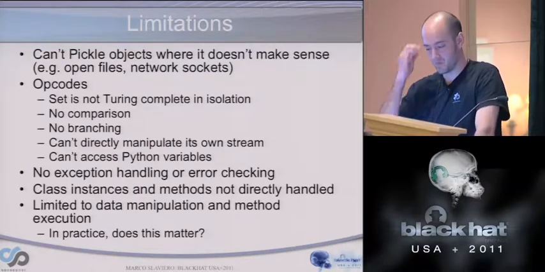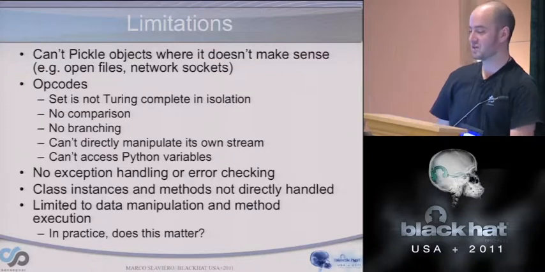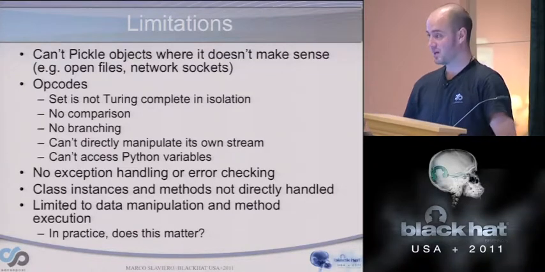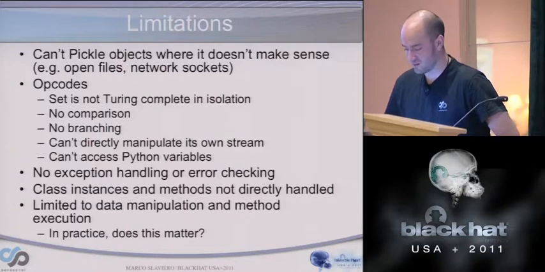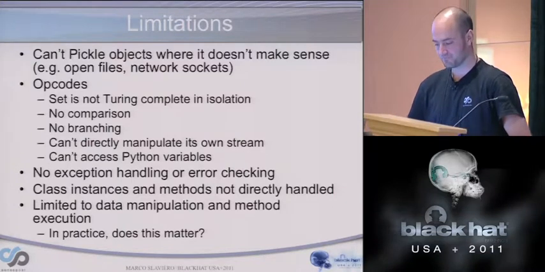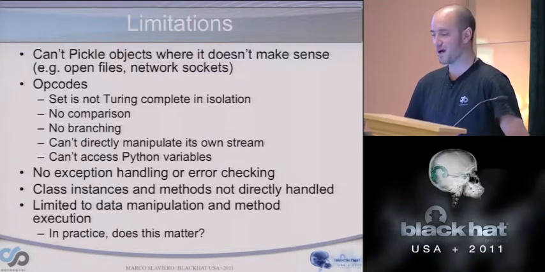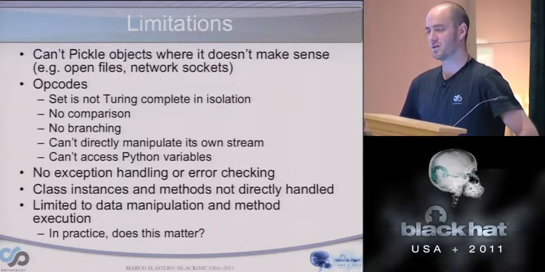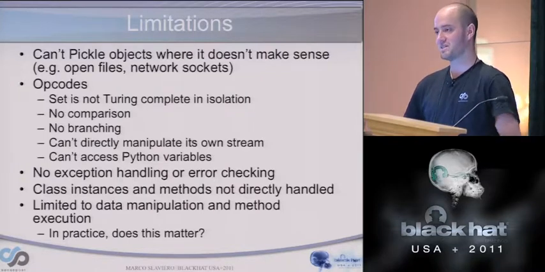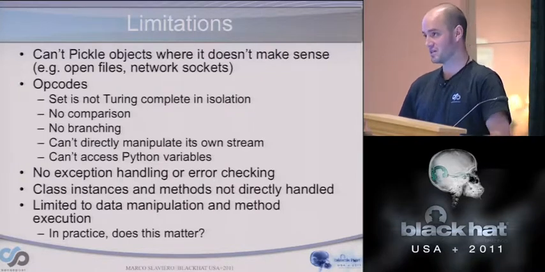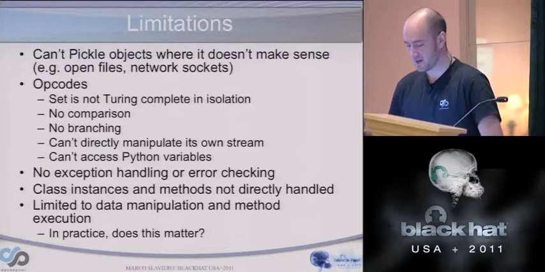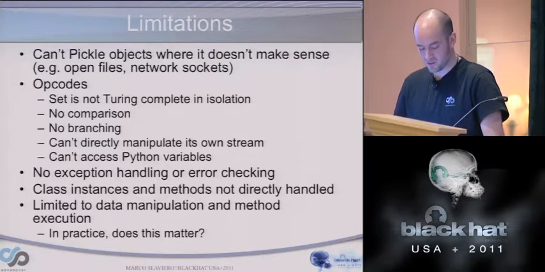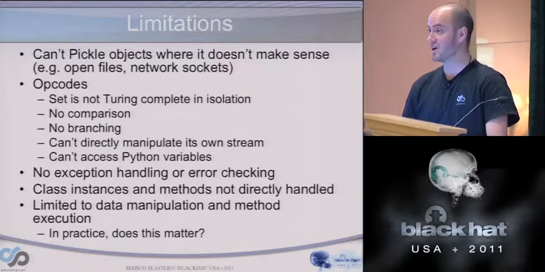It dies, and unless you're catching those exceptions in the outer Python program, you'll see broken programs. But probably the primary limitation that we see is that it's not possible using Pickle opcodes to execute instance methods. A class instance is obviously an object that's been instantiated when a constructor has run. And it's not possible using opcodes to call methods on instances.